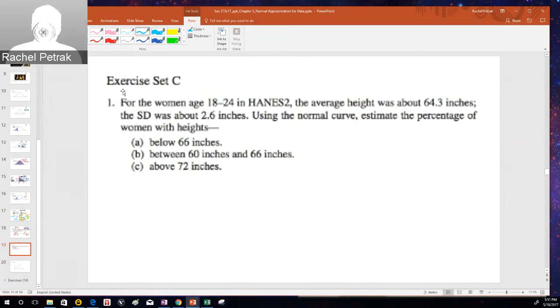So we have here women aged 18 to 24 in NHANES 2, which they describe a little bit, the NHANES data set. The study has evolved into NHANES, and it's similar to the GSS survey that we've been looking at, and the data is available publicly, and it's another data set that we are going to talk about at some point in lab, and it's a good one to be aware of.